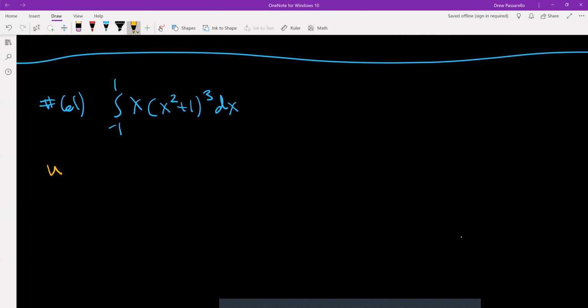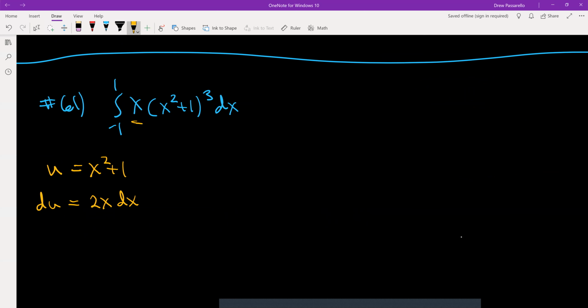So u is x squared plus 1. Then taking the derivative, du, that's going to be 2x dx, since the derivative of x squared is 2x, and then the 1 goes away because that's a constant.